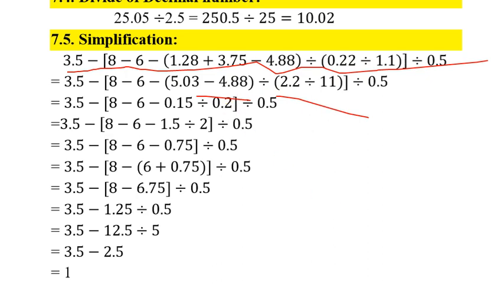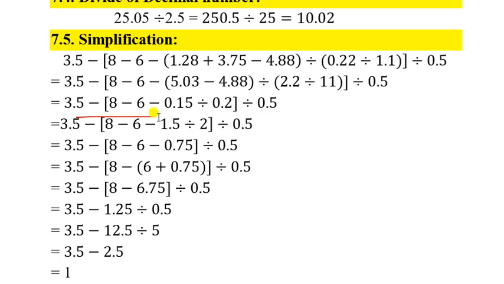Then next we have to divide, and after dividing, see 3.5, 8 minus 6 minus 0, and then divide by 0.2. Then if you divide, you will get the result, you can check this one. Then see here 8 minus 6 minus 1.5 divided by 2. And after getting the result 1.5, you divide by 2, will get 0.75.